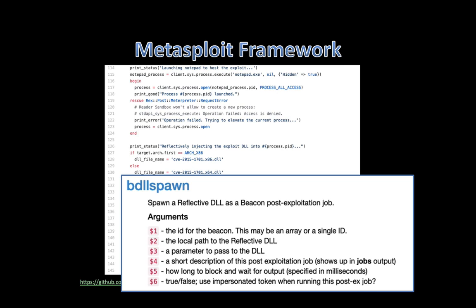When this function is run, it tasks a beacon to run a temporary process, copy the reflective DLL and the parameter over to that temporary process, and to create or hijack a thread to run that reflective DLL entry point and pass it a pointer to the parameter. This is the exact same thing the Metasploit framework is doing in this module.